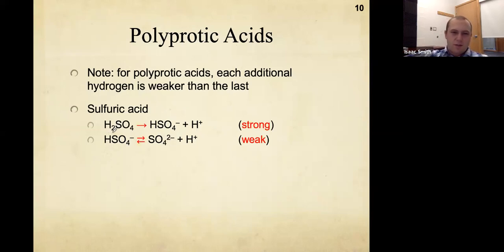So this is referred to as a polyprotic acid. Each additional hydrogen is weaker than the last one. So what that means is sulfuric acid is a strong acid, and then after it gives up a proton and becomes hydrogen sulfate, it's still an acid because it can give up a proton, but it's a weaker acid than it was before because it already lost one of its protons.